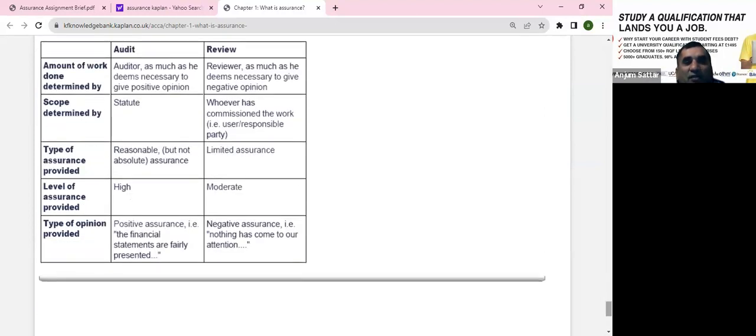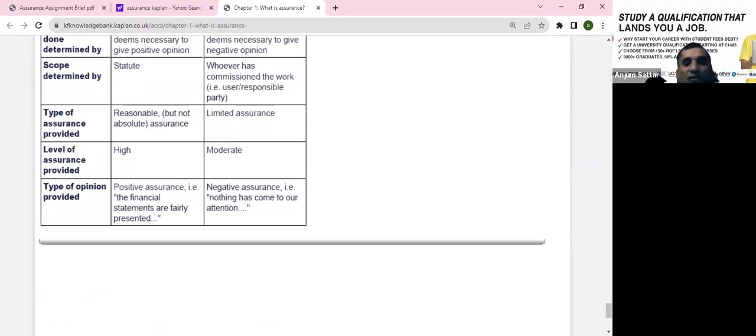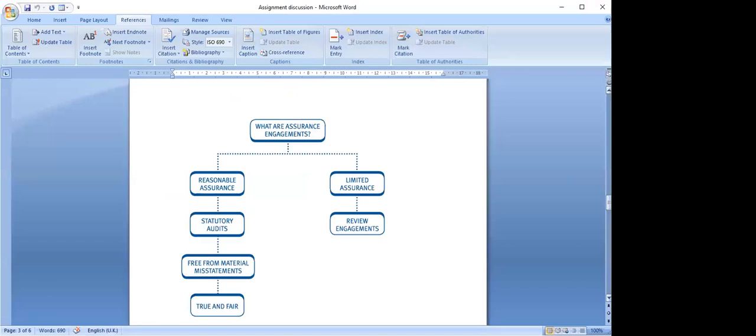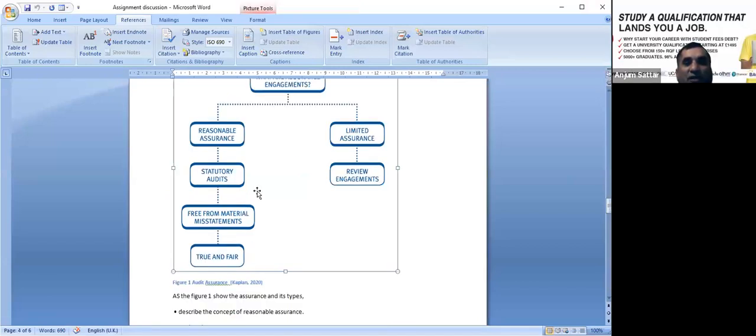It's quite good, like we did in the assignment, and make sure you put the reference. When you right click on the picture, it gives you insert caption.